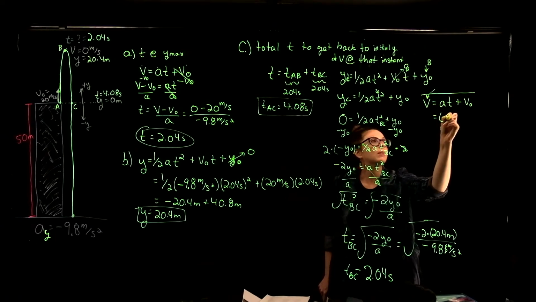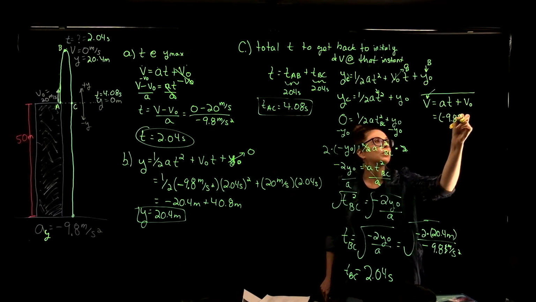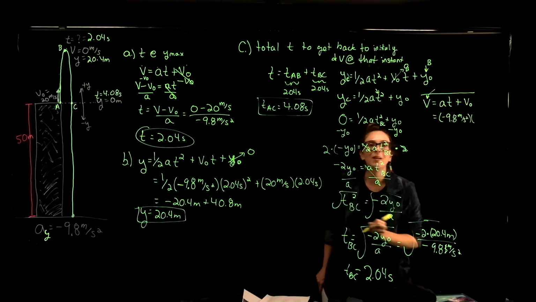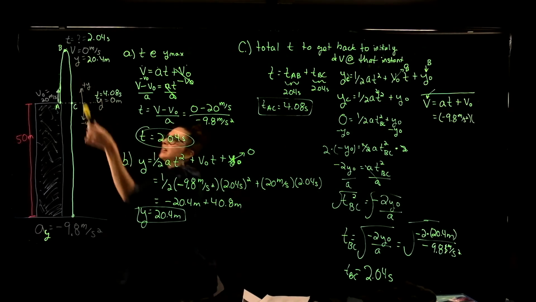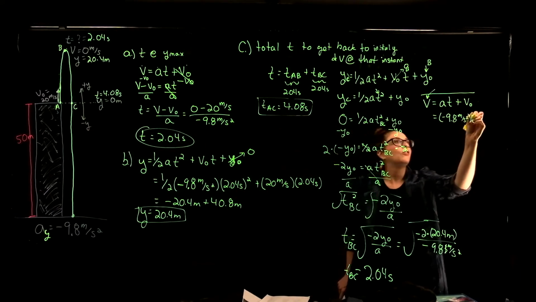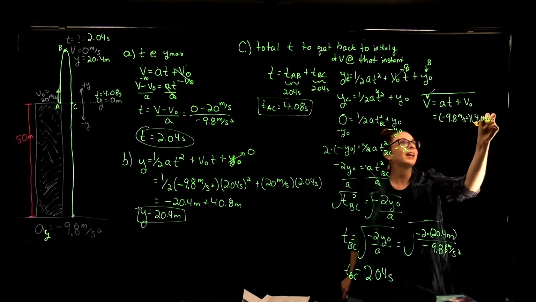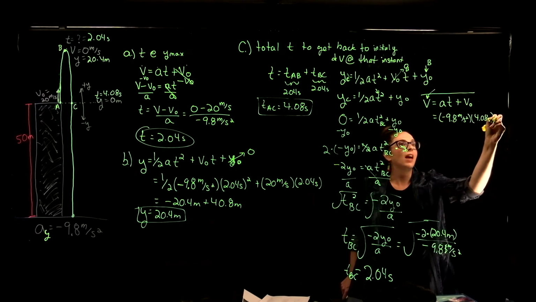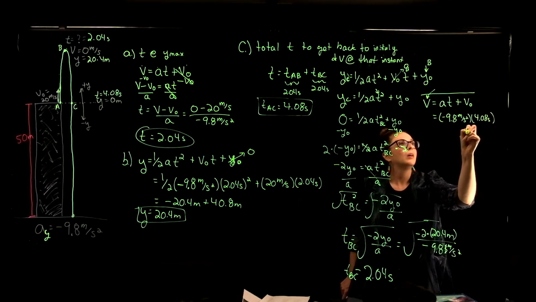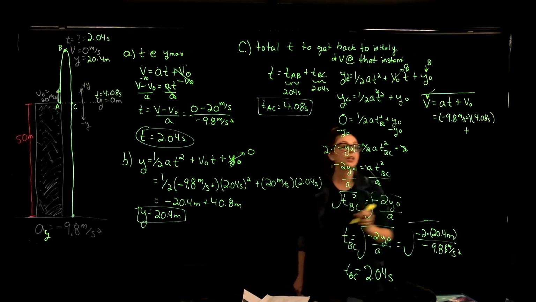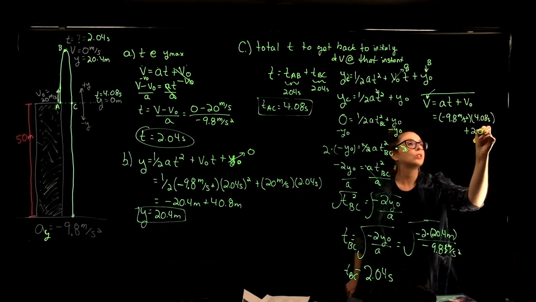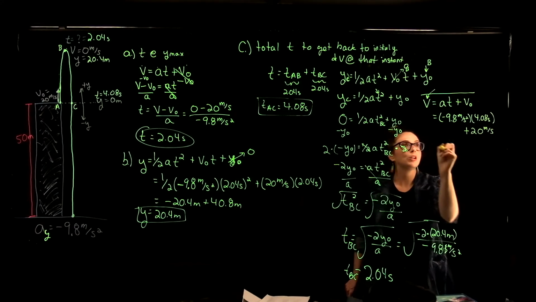Our acceleration is minus 9.8 meters per second squared. We already found the time it takes to go from A to C, and that was 4.08 seconds. And then we're going to add our initial speed that the stone was thrown with, which is 20 meters per second.